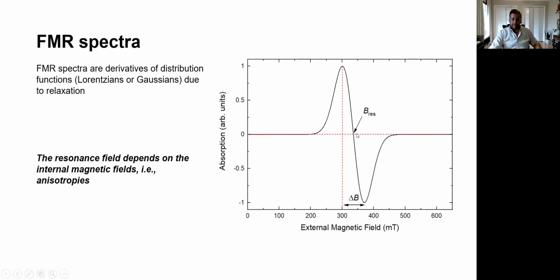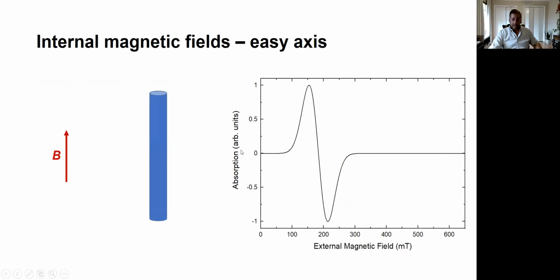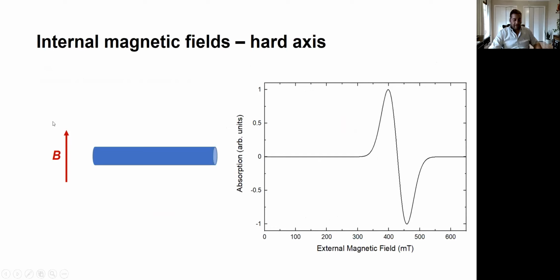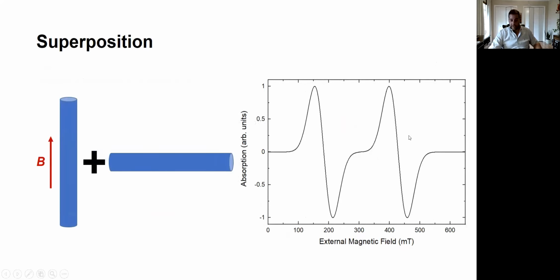So we go from, let's say, here to here. If you do it like this, the field of the material is now in this direction, but we are measuring this direction. So you need a bigger external field to compensate for that, and the signal moves to a higher field. If you're measuring two needles, you're going to see both signals.